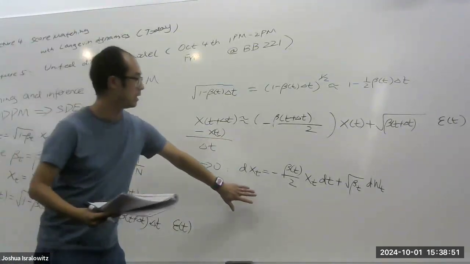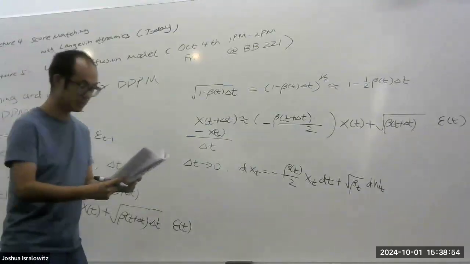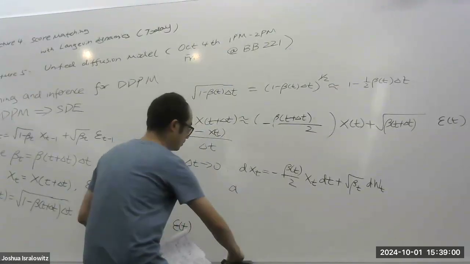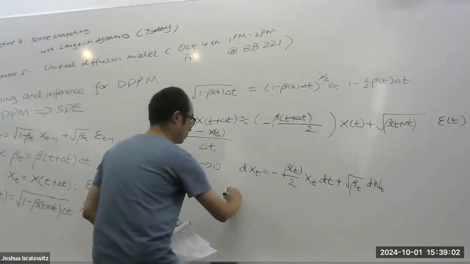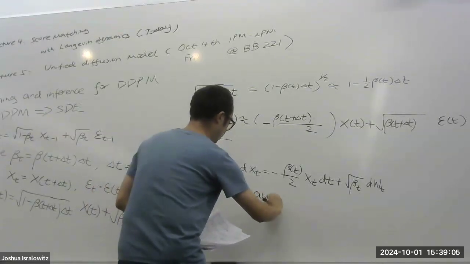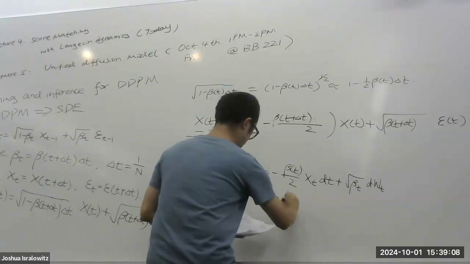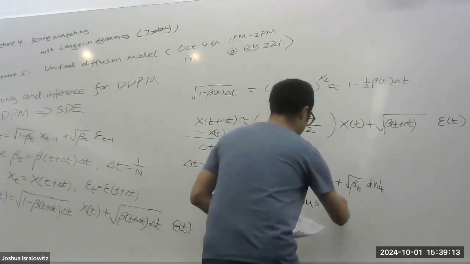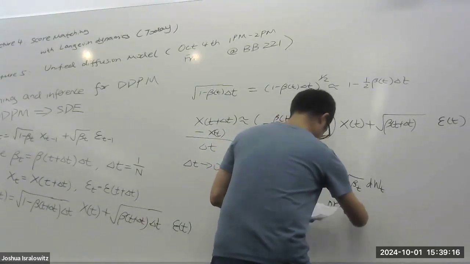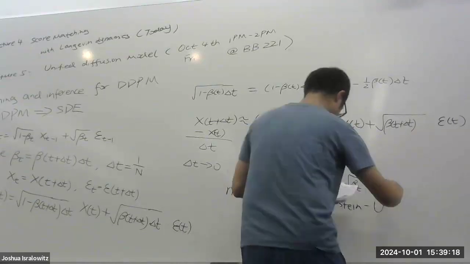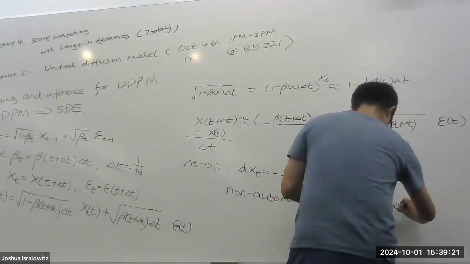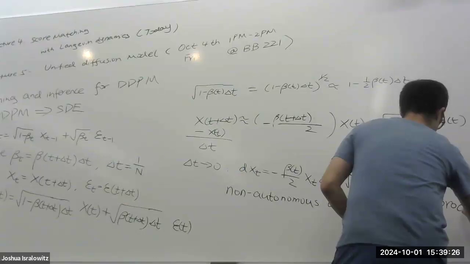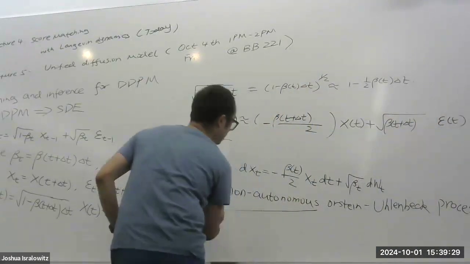So this SDE has a name called a non-autonomous Ornstein-Uhlenbeck process.